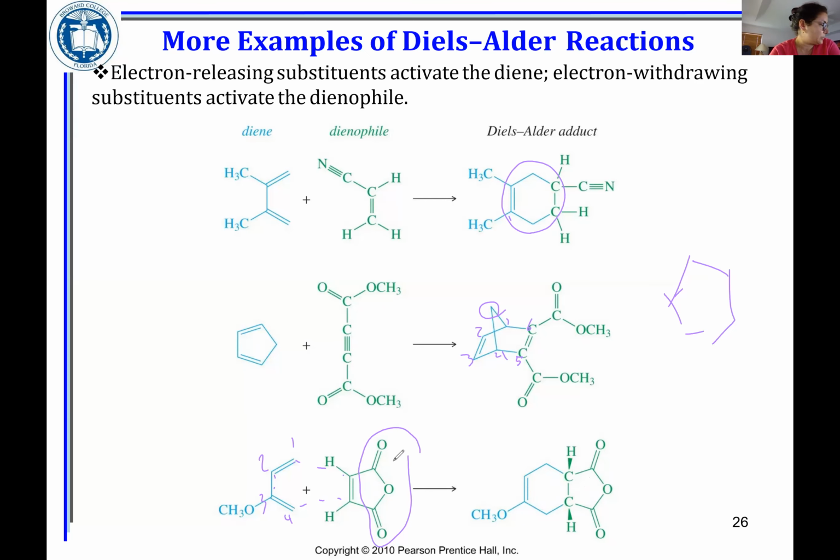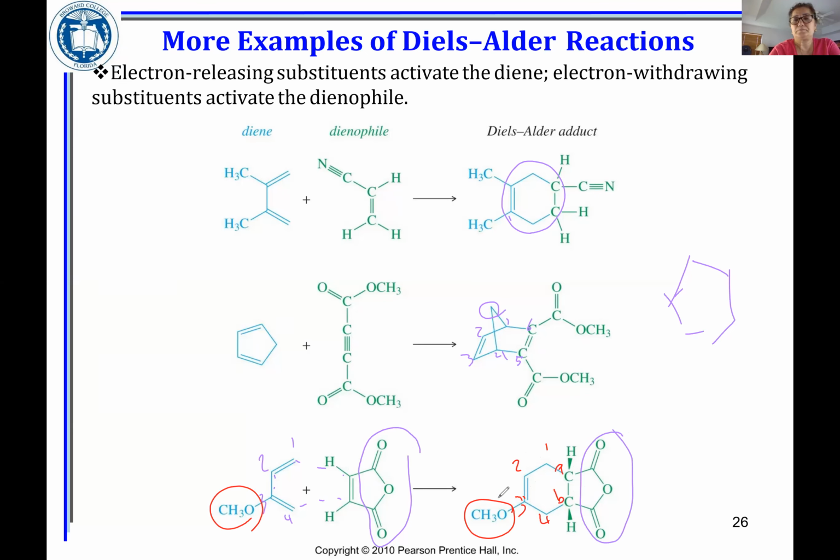So anything attached to the diene will stay attached to the diene. It doesn't change. Whatever you had attached to the dienophile is going to stay attached to the same carbon that you had in the dienophile, because this is 1, 2, 3, and 4, and this is your carbon A and carbon B.